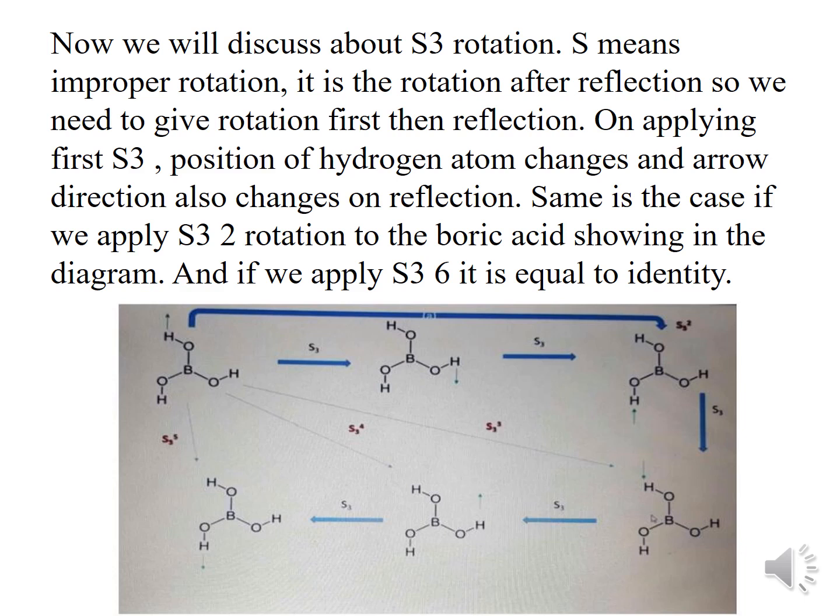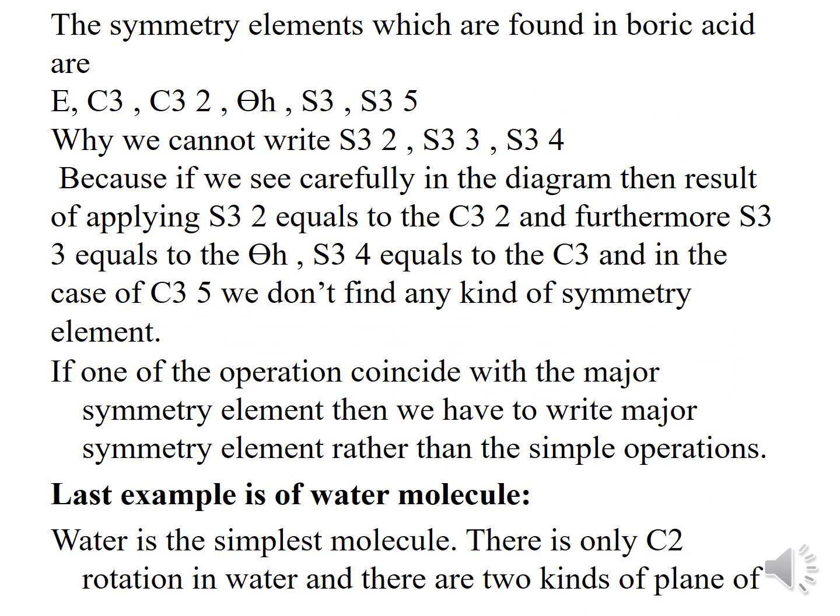If we apply S3 six times to the boric acid shown in the diagram, it is equal to identity. The symmetry elements found in boric acid are identity, C3, C3^2, sigma h, S3, S3^5.